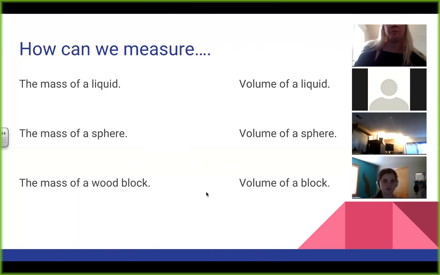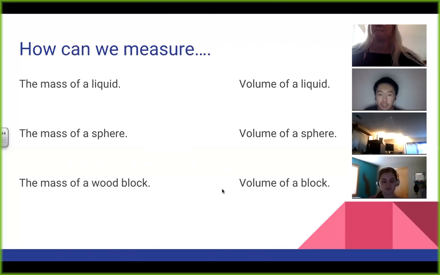So let's start with the mass of a liquid. If we have a liquid, how do you think we can take the mass of it? So if I wanted to measure the mass of this water in my cup, what would I need to do?